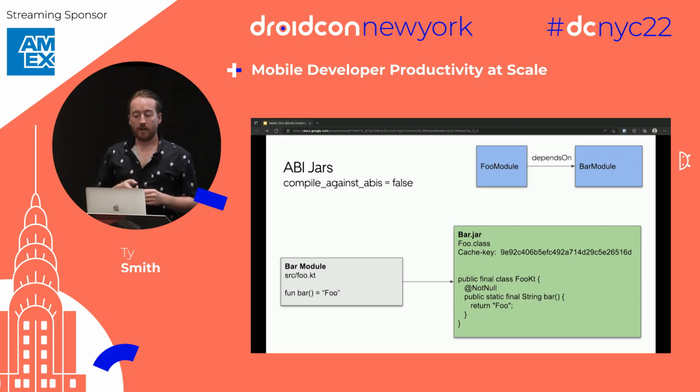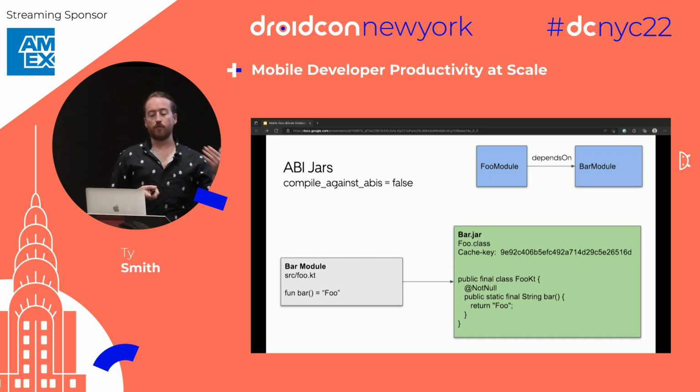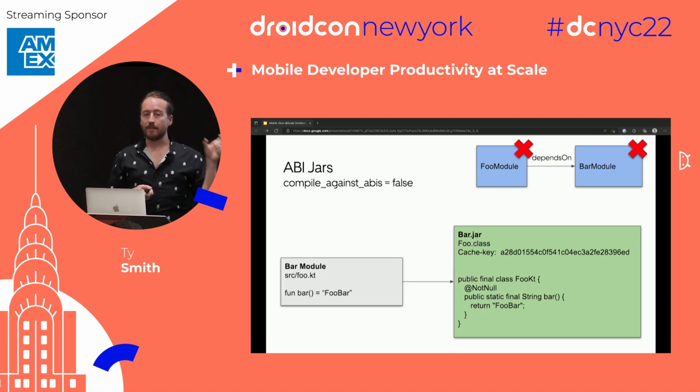So if I make a change where now instead of returning foo, I'm returning foo bar, the method didn't change, but the implementation did, so the output, the class file, changed, right? And because we're hashing that entire thing to produce the cache key, the hash is now different. So our cache key changed, and the build system needs to recompile what's upstream from the module.